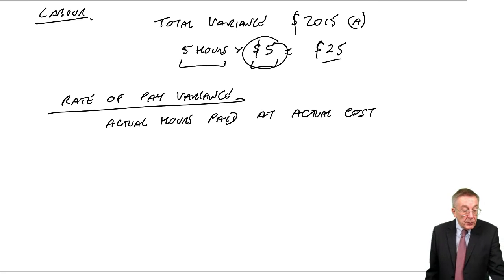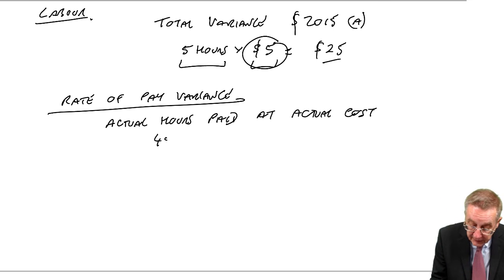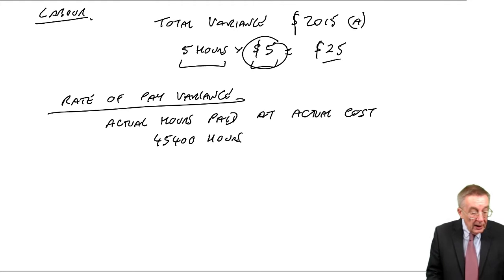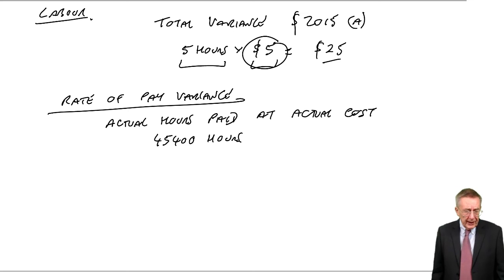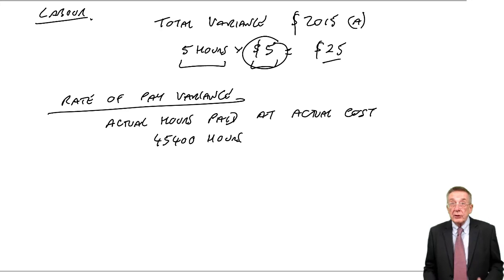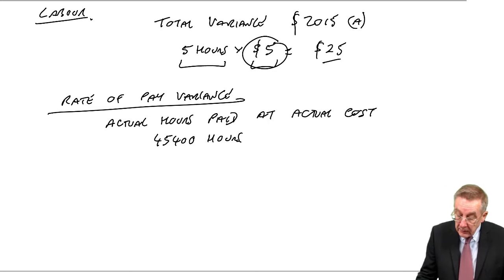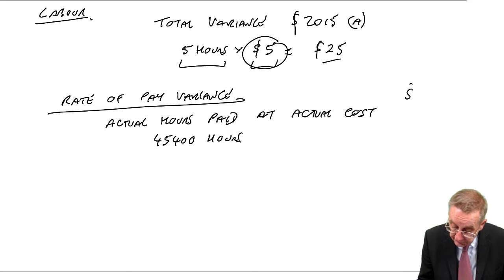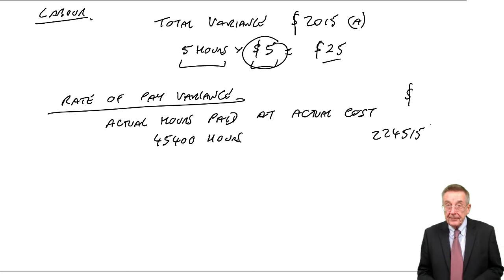The question says we paid for 45,400 hours. Don't worry for the moment about the fact they only worked 44,100. I'll think about that in a second. But we paid for 45,400 hours. And how much in total did we pay? 224,515.